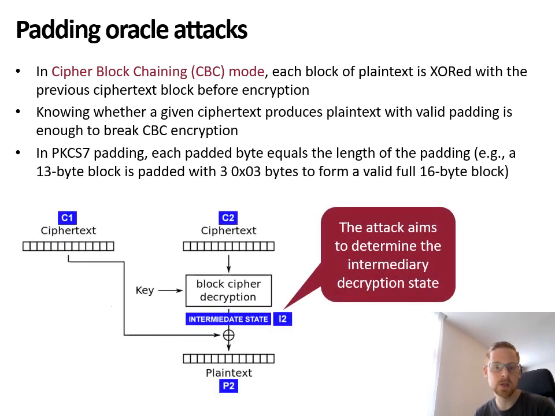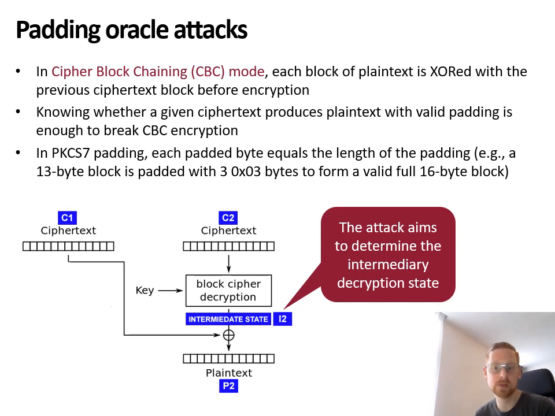And here you can see how this actually looks in practice, and also that the attacker will try to determine the intermediary decryption state. So that means the state before the decrypted ciphertext block is XORed with the previous ciphertext block.